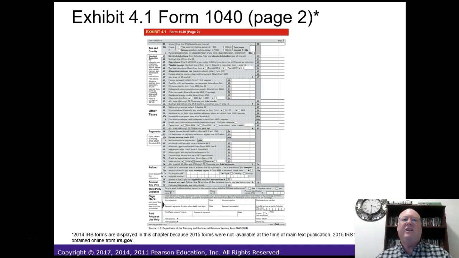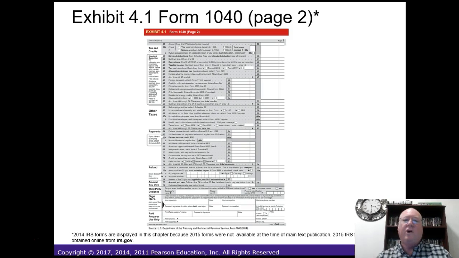A deduction only reduces your taxable income, but not the actual taxes itself. So let's say you're in a 20% tax bracket. That means for every deduction of $1, you are reducing your taxes by 20 cents, or 20%. So if you have a choice between a deduction or a credit, it's always better to have a credit than a deduction.